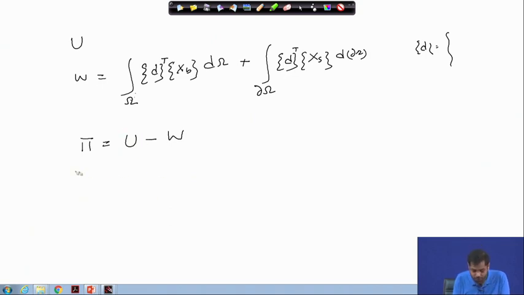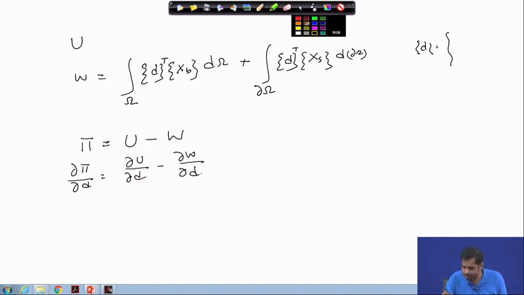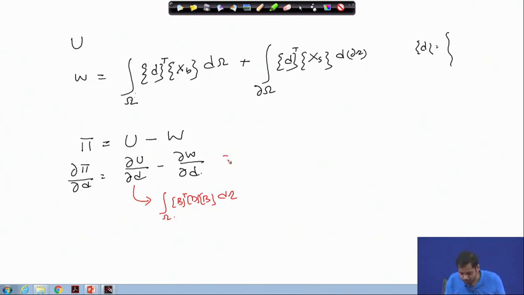If I differentiate, del pi del D will give del U del D minus del W del D. This gave us the integration of B transpose D B d omega, which was the stiffness matrix, and that has to be equal to 0.